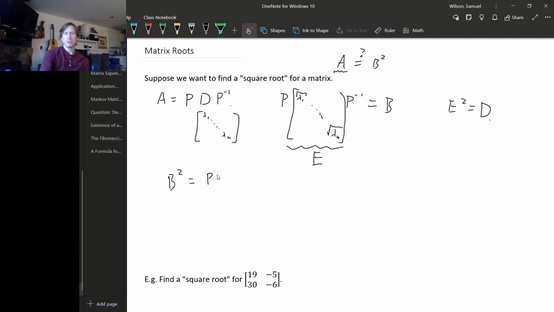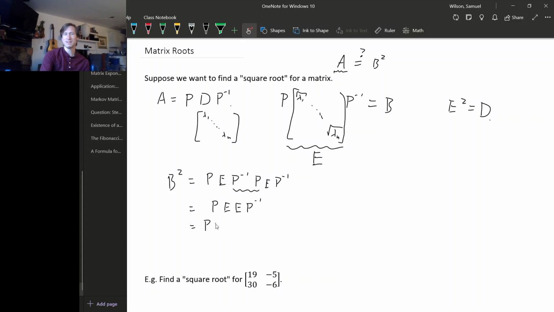So if we do B squared, that's P times E times P inverse. So there's the first copy of B. And then the next copy of B is times P times E times P inverse. But now look, we have these P's in the middle, so those just give us the identity. Now we have P times E, the identity, which we don't need to write down, times E again, times P inverse.